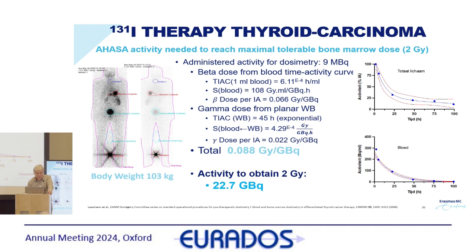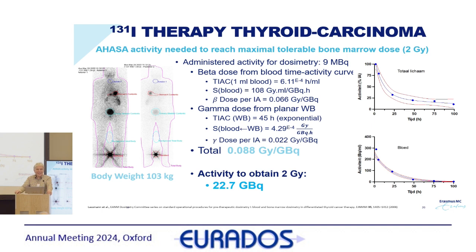By that, we can calculate the beta dose from the blood time activity curve and the gamma dose from the whole body time activity curve. And by that, we could calculate that these patients could have an activity of almost 23 gigabecquerel to reach this maximum tolerated dose of 2 gray.